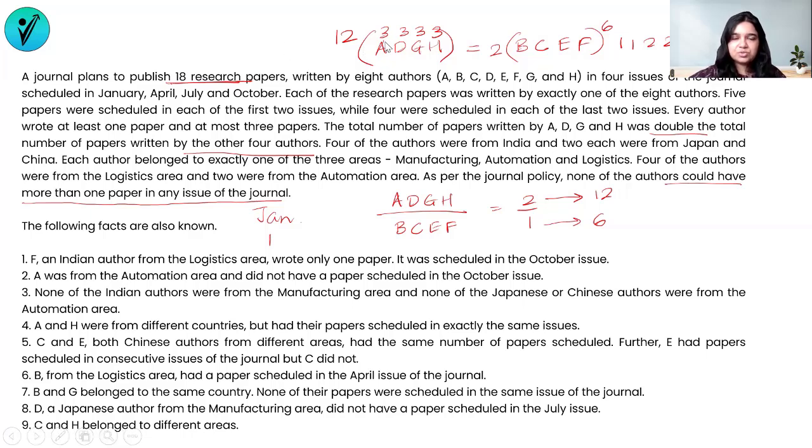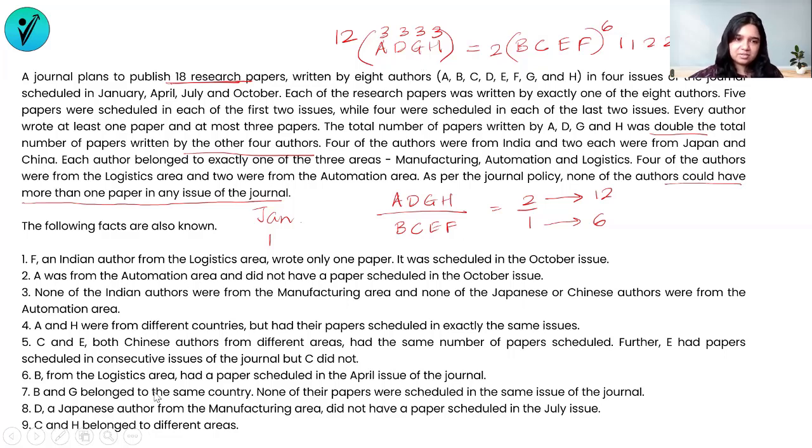So A could have published 3 papers, maybe in Jan, April, July, or in Jan, July, October, or in April, July, October, or any kind of combination. So 1 paper per issue. You cannot have more than 1 paper either. This is all the initial information, which told us a lot of things, which we actually just directly started solving.